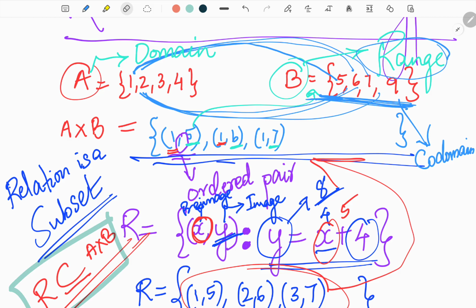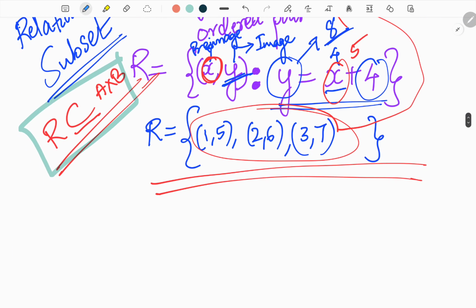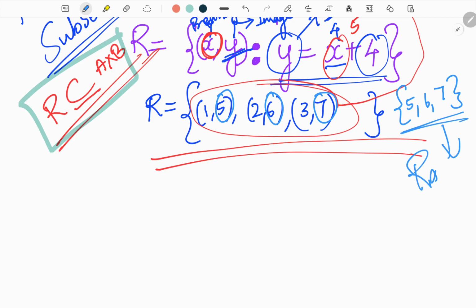Actually, set B you cannot call the range, because now we have an additional element 9, and you know that 9 is not involved in the relation. So this set B is called the codomain, and only the elements which satisfy the relation. So if you see, from the set B we have the elements 5, 6 and 7 in the relation. So the set containing these elements 5, 6, 7, this set is called the range.